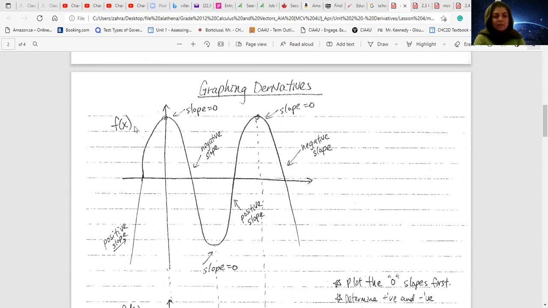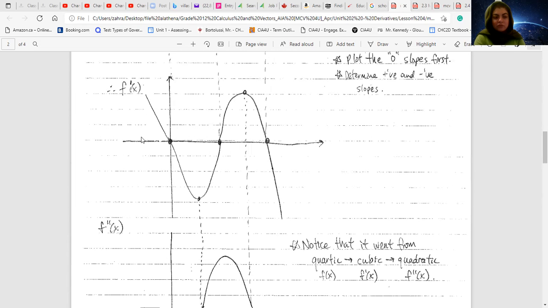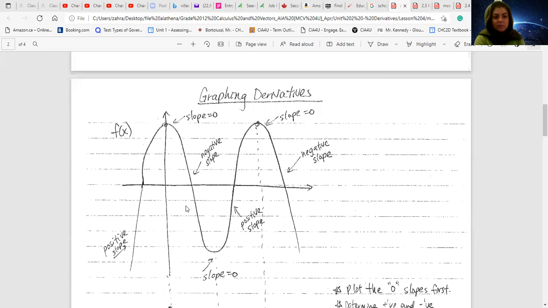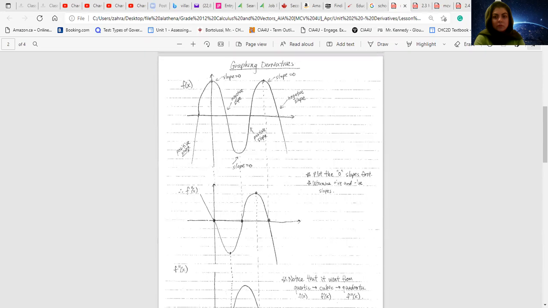Okay, and let's say we have f of x. I want to see how I can graph f prime and f double prime. I'm going to explain that here. First I'm going to draw what I have here for f of x.